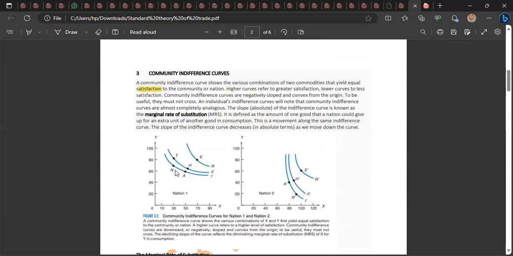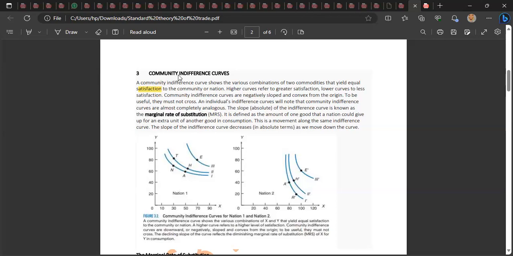So what indifference curve number one here, for instance, shows us is the combination of your goods X and Y. So for instance, you'll be taking that part of Y, and then that part of X, because we are assuming that in your consumption, you are not just going to be consuming one commodity. Let's just say, in our assumption, we are consuming two commodities as a country.